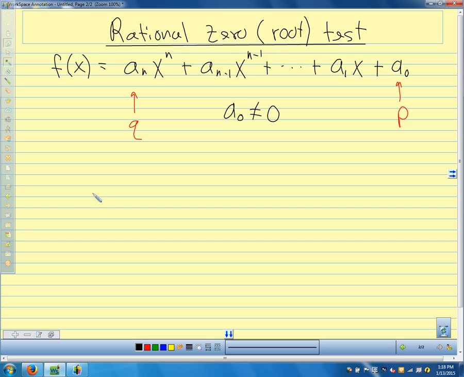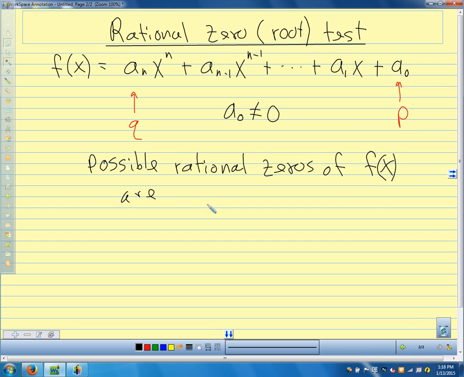and denominator. So the rational root test says that the possible rational zeros of f of x are plus or minus factors of p over plus or minus factors of q.